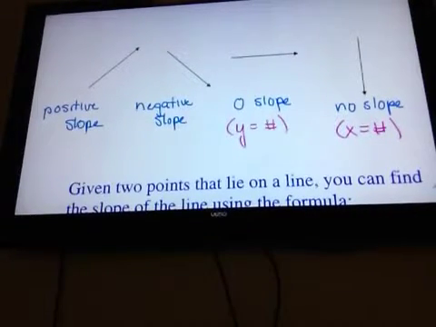Now, I'm going to give you a little trick here in remembering the zero slope and the no slope. Back when you were younger, really little, and your parents were telling you not to do something, they may have used their finger and said, no, no, no. What is the direction that my finger is?